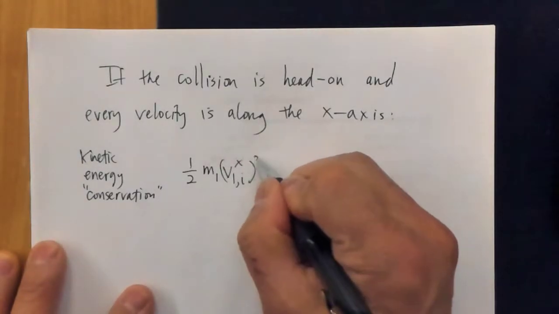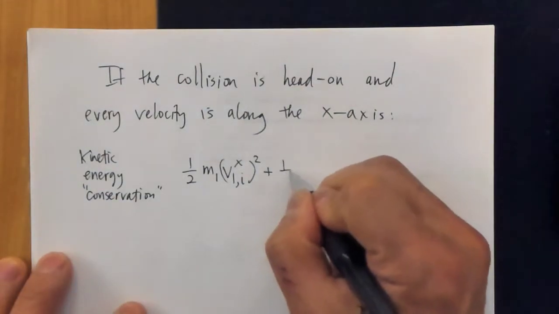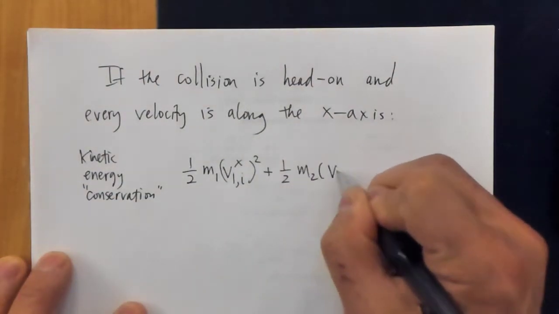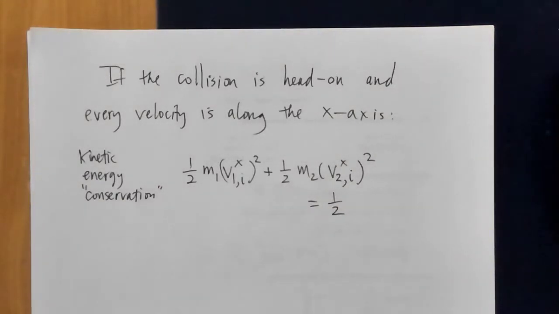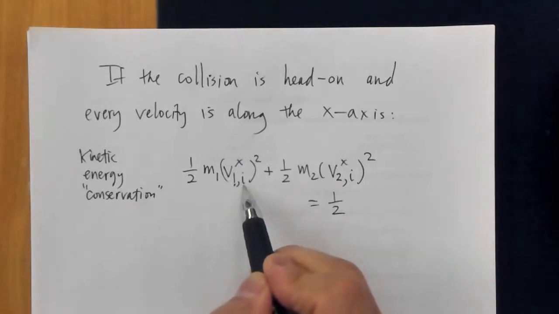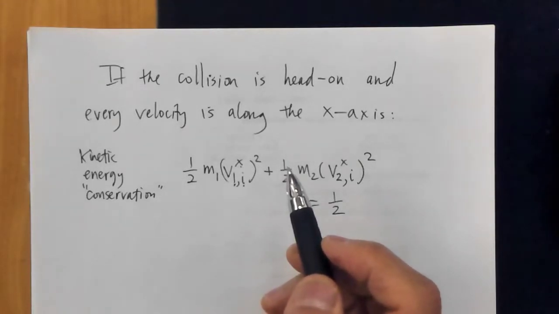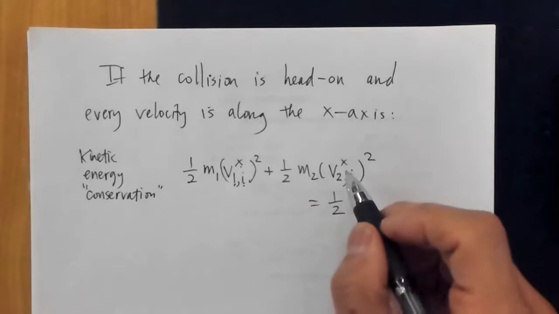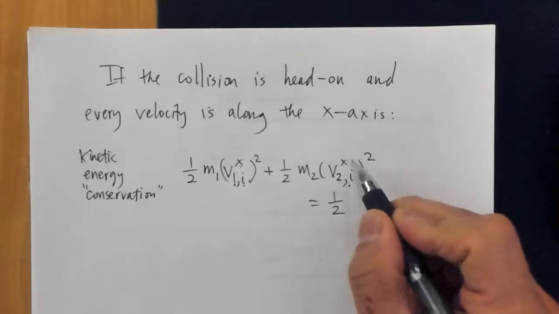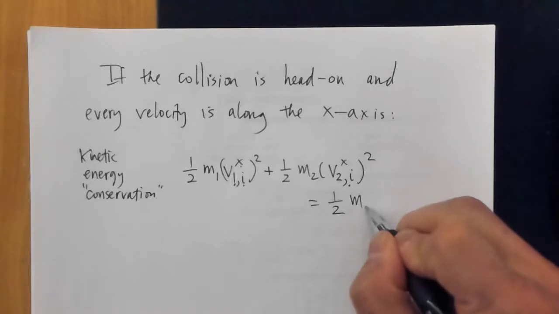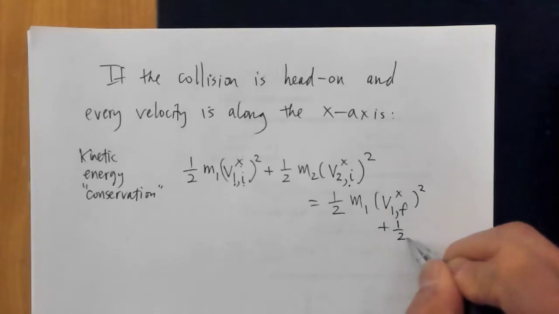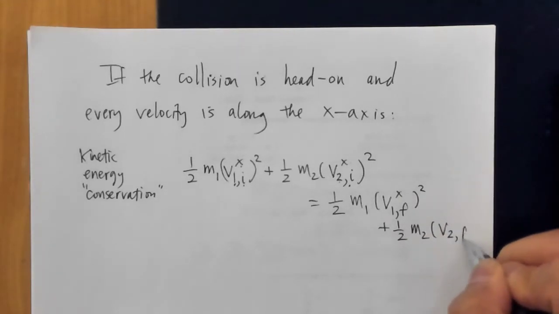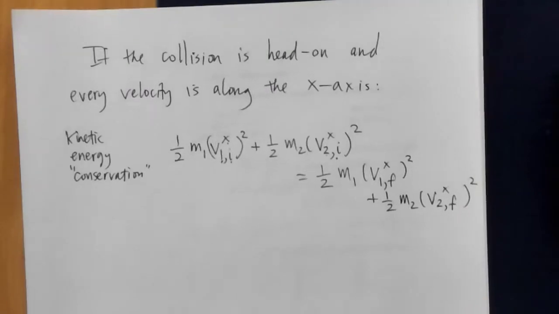But I have to square it, so it looks kind of ugly. And then I have 1/2 m2 v2 initial x squared is equal to, is everybody following me? I know there's all these indices everywhere. This is just particle 1, the initial x component. Nothing scary about that, right? And then particle 2, initial x component. And then I have 1/2 m1 v1 final x squared plus 1/2 m2 v2 final x squared. Okay.